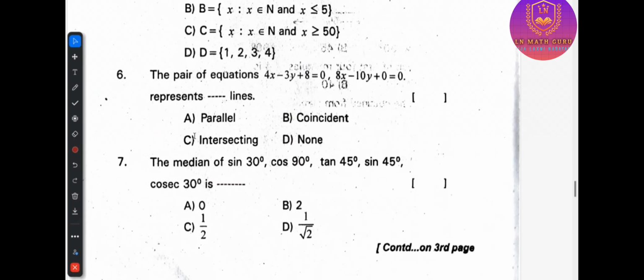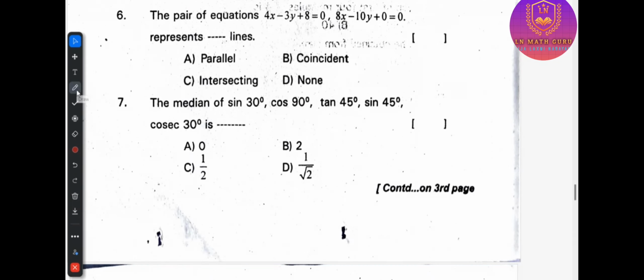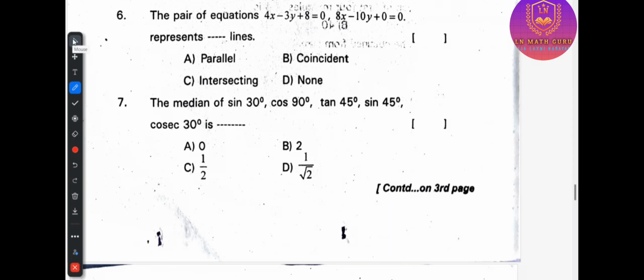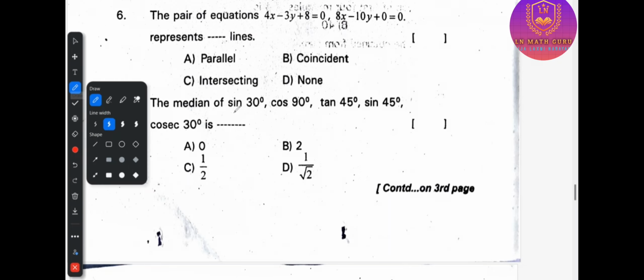Now I can go to the next question. The median of sine 30, cos 90, tan 45, sine 45, and cosec 30. Now, see this, we can take the values in terms of numerals.